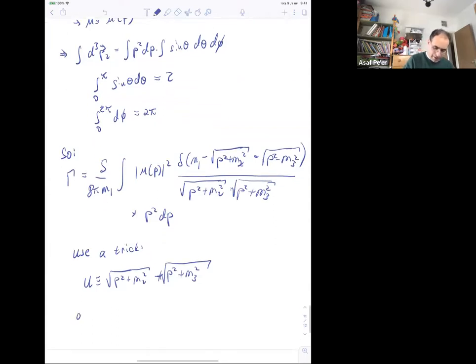And then du is just u times P divided by the square root of P squared plus M2 squared times the square root of P squared plus M3 squared, times dP.